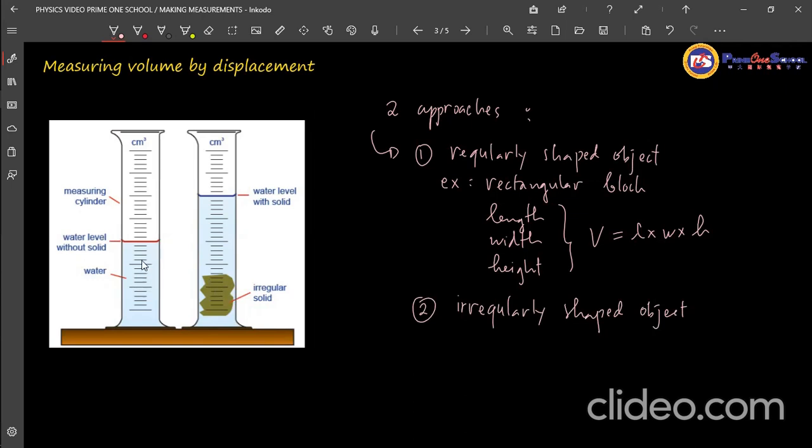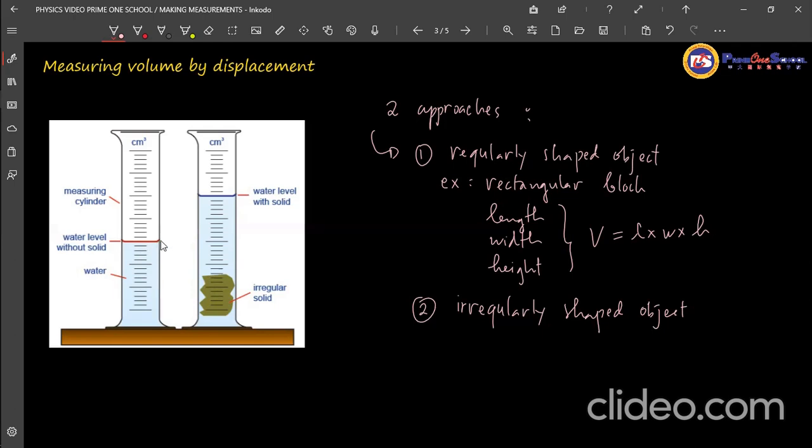First, partially fill the measuring cylinder with water. Make sure that the volume of the liquid or the water can cover all the irregularly shaped object. Then note the scale as the initial volume of the water.